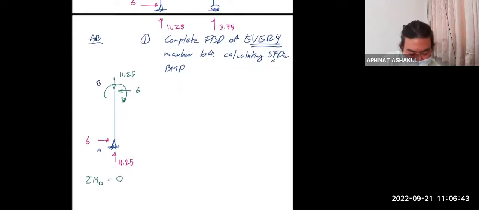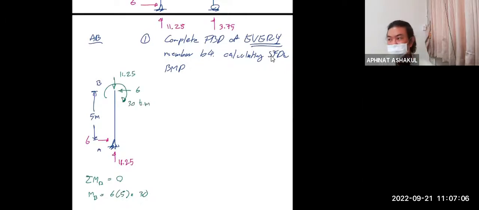So MB is simply 6 multiplied by the length of the member, which is, I think it's 5 meters, right? So incidentally, that moment is 30 ton-meter. Okay. Now, your member AB is under equilibrium.